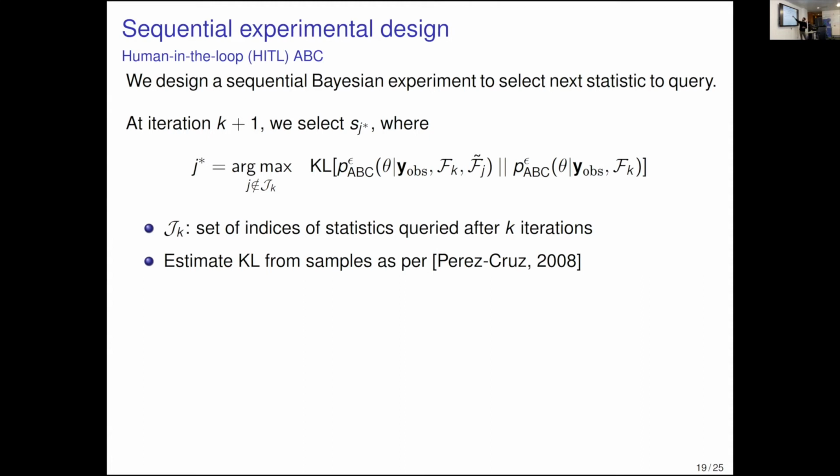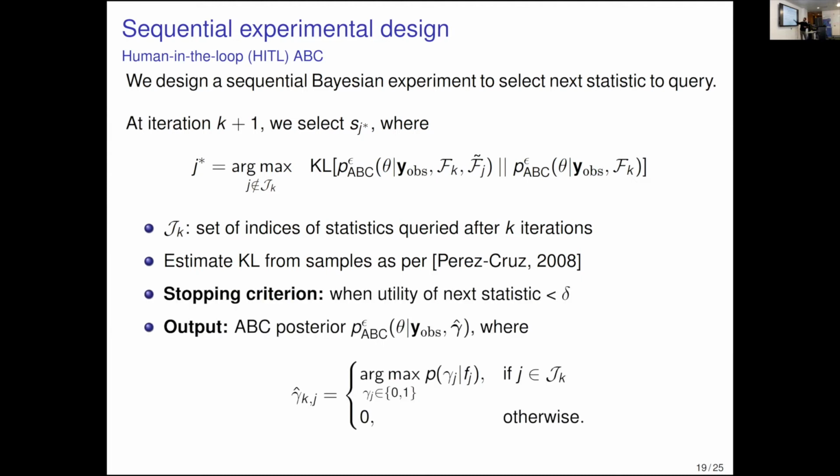Okay, and this scale, of course, we estimate using samples, using this one nearest neighbor estimate of KL divergence from here. And then the stopping criterion of this experiment is when our KL divergence does not change, when the posterior barely changes from one iteration to the next. And if this change is less than delta, which is another hyperparameter of the method, then we basically stop.